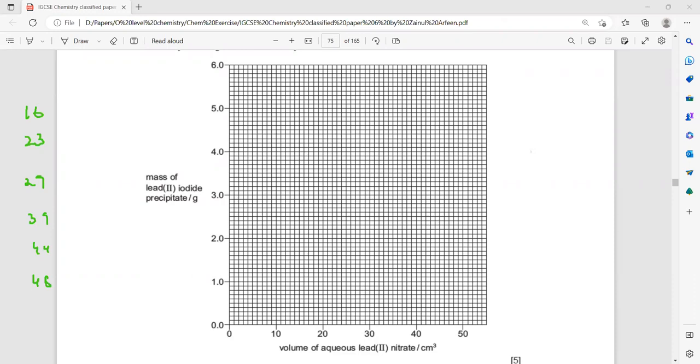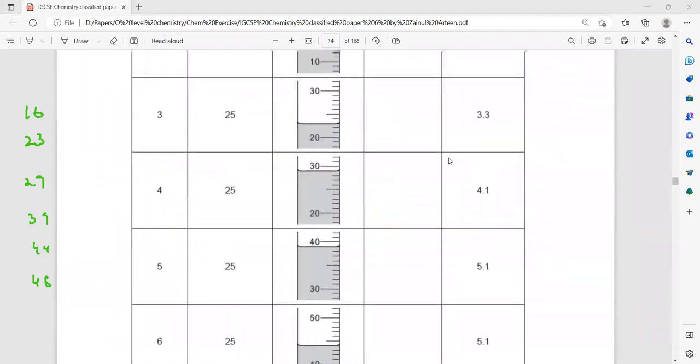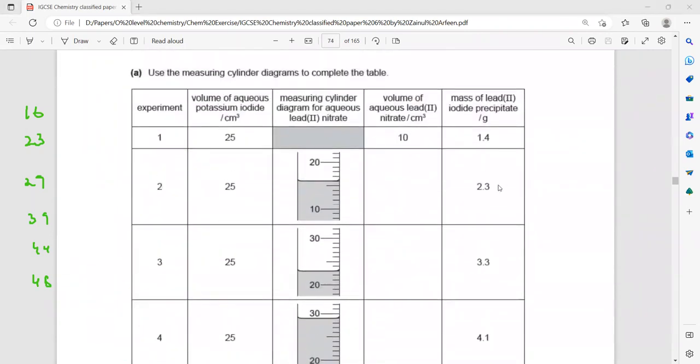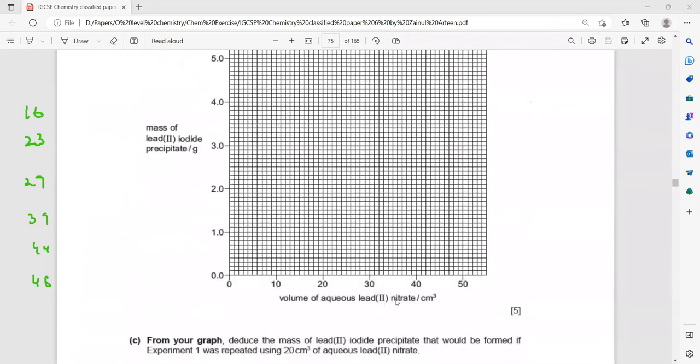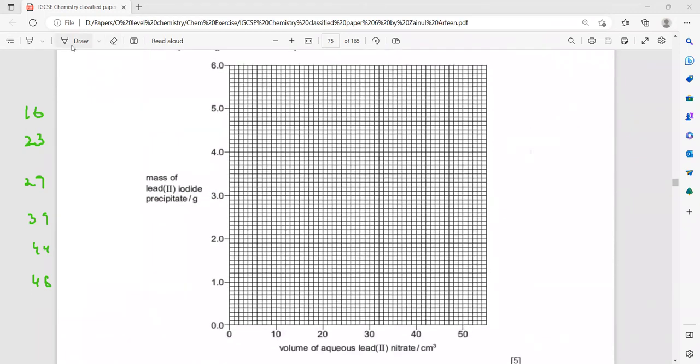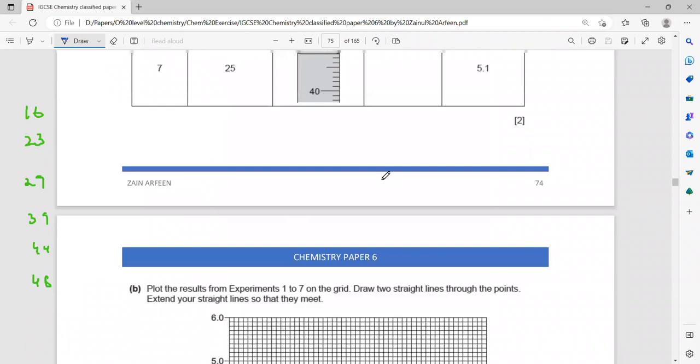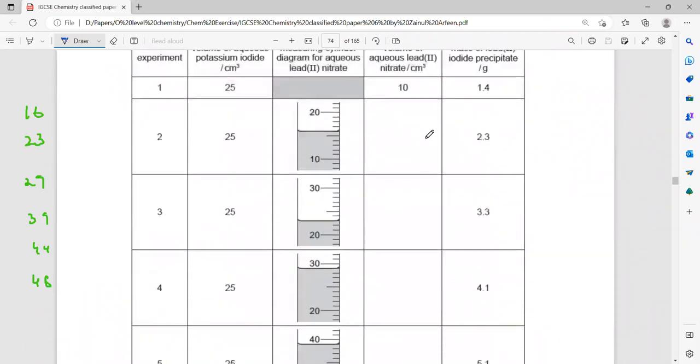And we have to plot a graph for the mass of the precipitate, which you can see here, against the volume of aqueous lead nitrate which was added.